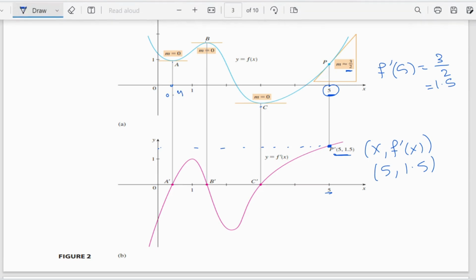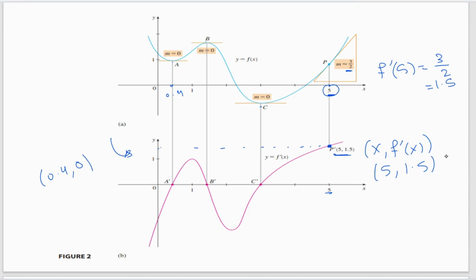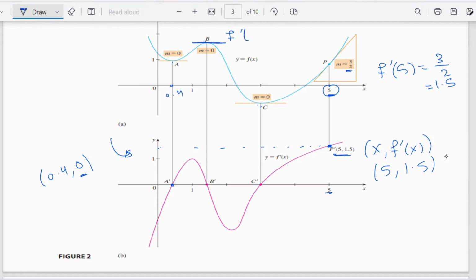So in this graph it will be 0.4, and the value of the derivative at that point will be 0. So we'll draw it just like this, and the y value will be 0. Same at points B and C. The derivative here will be equal to 0: f prime of A and B and C equal to 0.